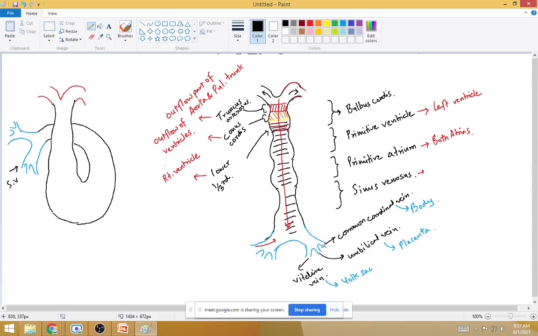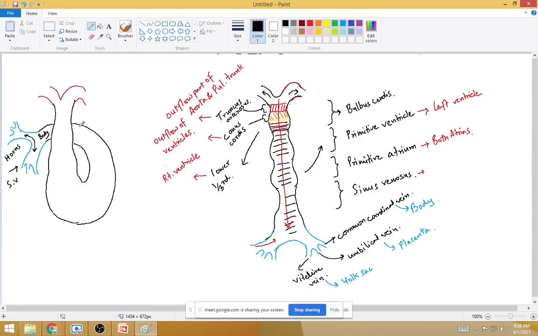Same here, I told you, in folding the cephalic area comes forward and downwards, the caudal area goes backwards and upwards. This is the sinus venosus, two horns. What is opening? The three veins on either side. So these are the two horns of the sinus venosus, and this is the body of the sinus venosus.